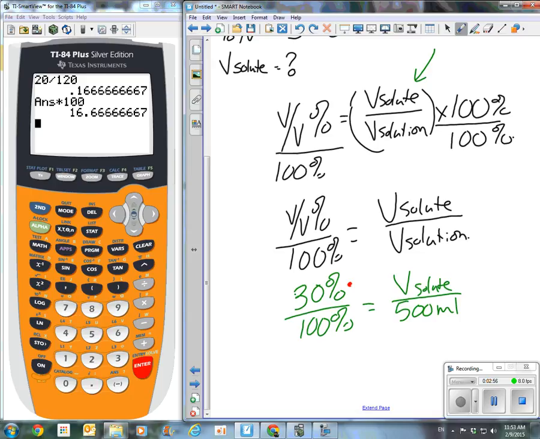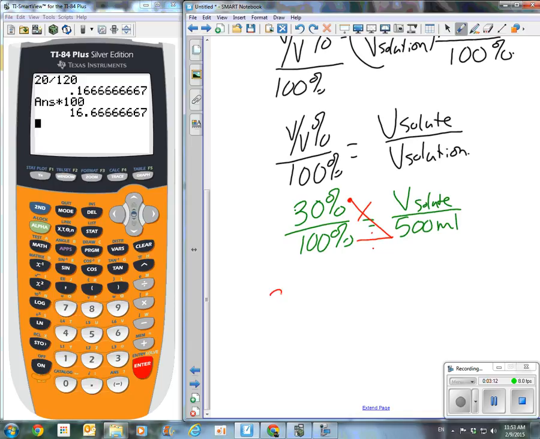Then I'm going to cross multiply across the equal sign, and then divide by the last term. So what I'm actually going to do is take 30%, multiply it by 500 milliliters, and then divide all of that by 100%.